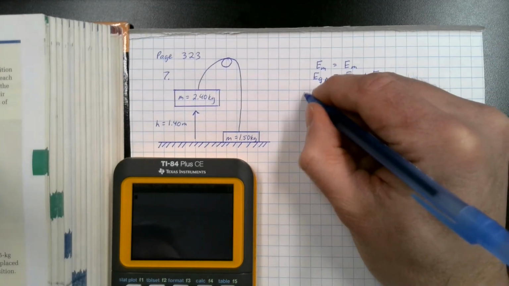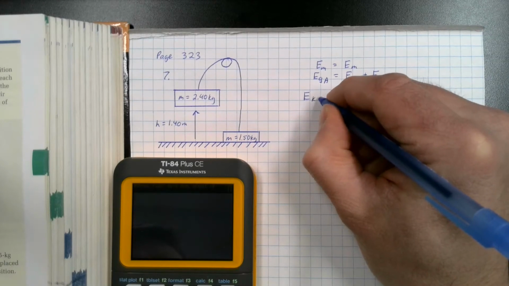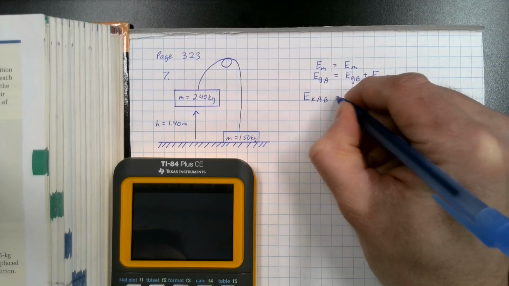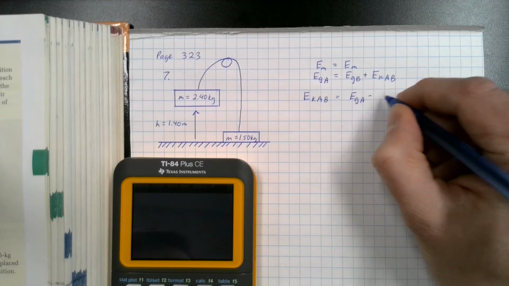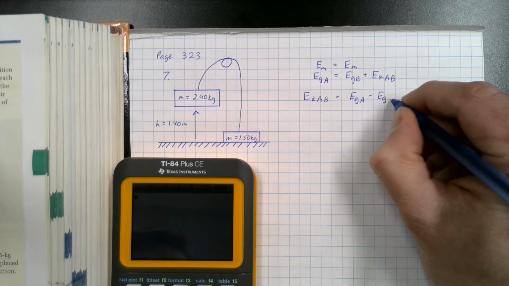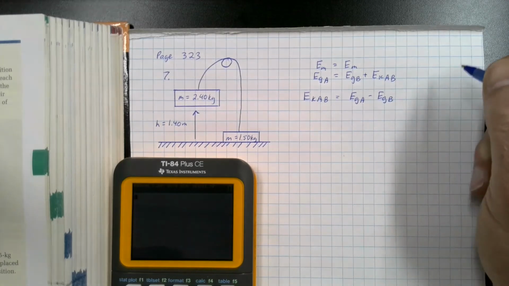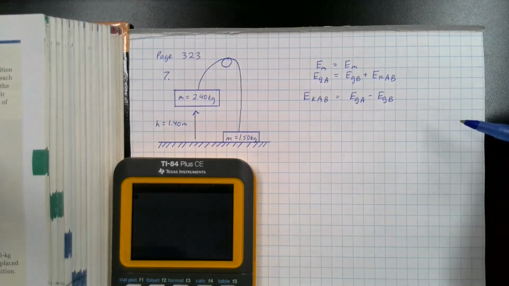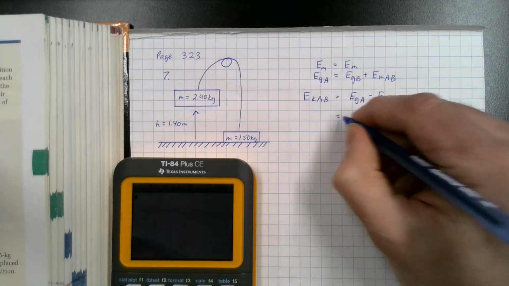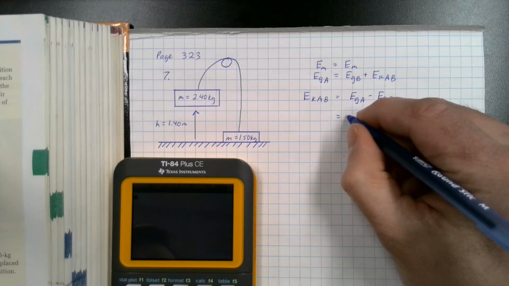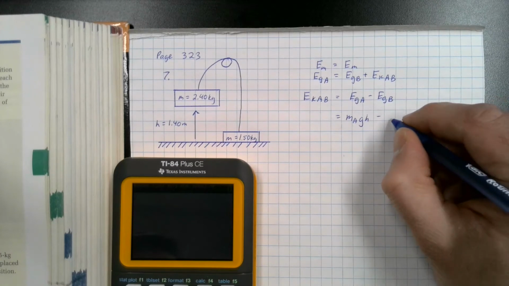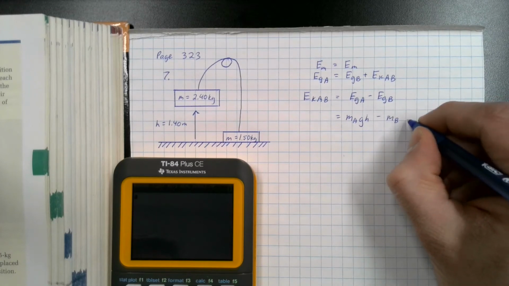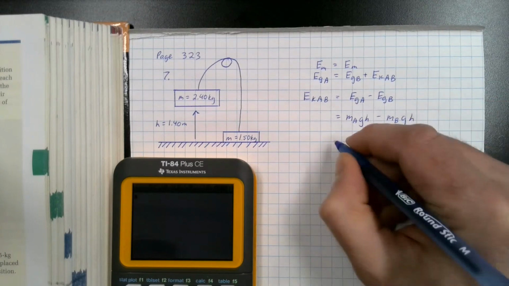So our kinetic energy for objects A and B will equal our gravitational potential energy of A minus the gravitational potential energy of B. That's the energy required to lift B up into the air. Substituting in our values, we have mass of A times gravity times the height, minus mass of B times gravity times the height.